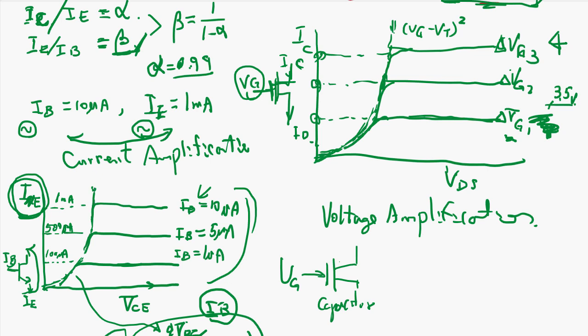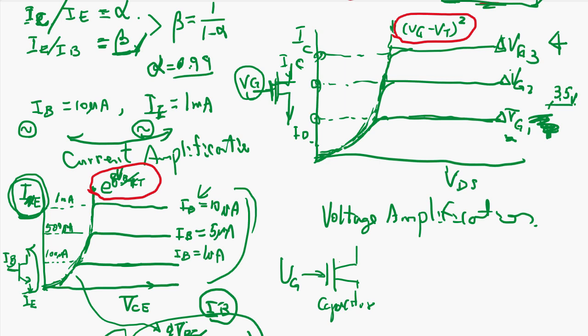The bipolar follows an exponential curve, the base voltage, QV over KT, an exponential curve. This is square. So remember, here is the difference. Sometimes this difference is important for circuit design, especially in analog design, so you have to remember this basic.